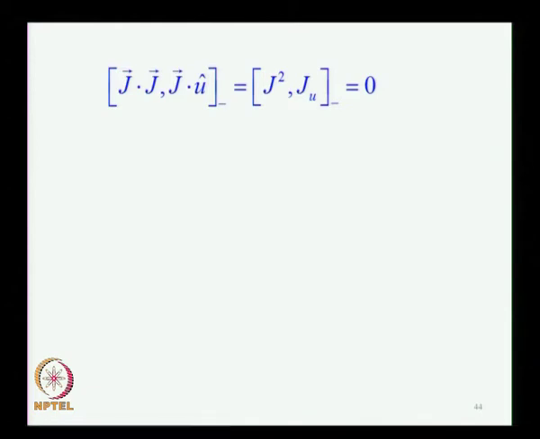Again, it would be a matter of straightforward algebra to show that J square would commute with any one component of the angular momentum, but not with the other components. So it could commute with Jx, it could also commute with Jy or with Jz. It does not matter what you call x, y, z.